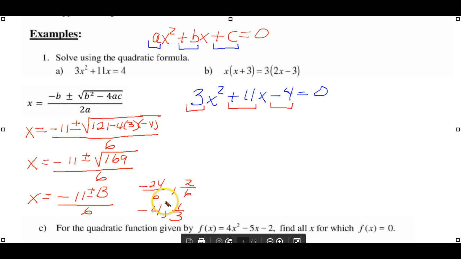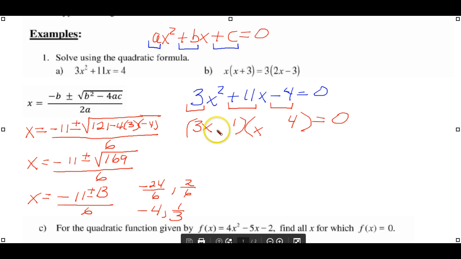Now, anytime you get answers like this using the quadratic formula, it indicates that this could have factored. So let's see what we get here if we try to factor it. Now remember, factoring is a way too. So this is going to be 3x, and this is going to be x, and this is going to be a 4 here and a 1 there.